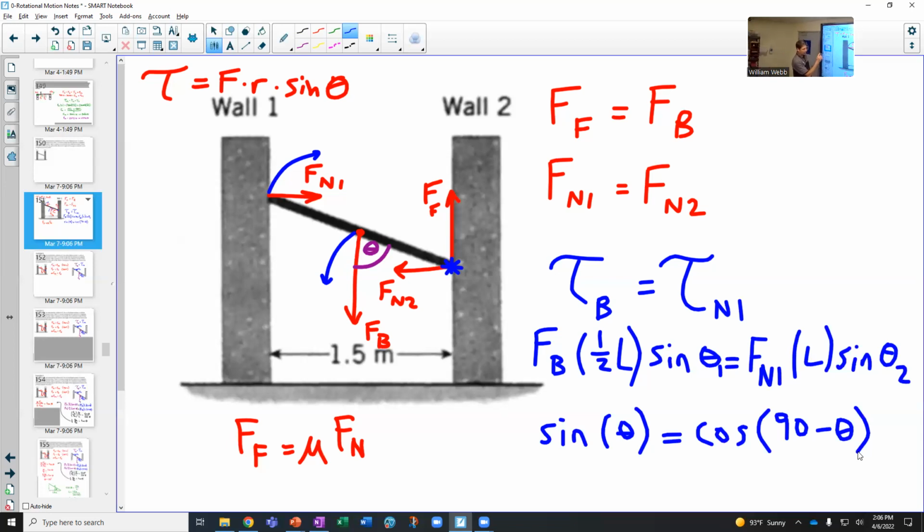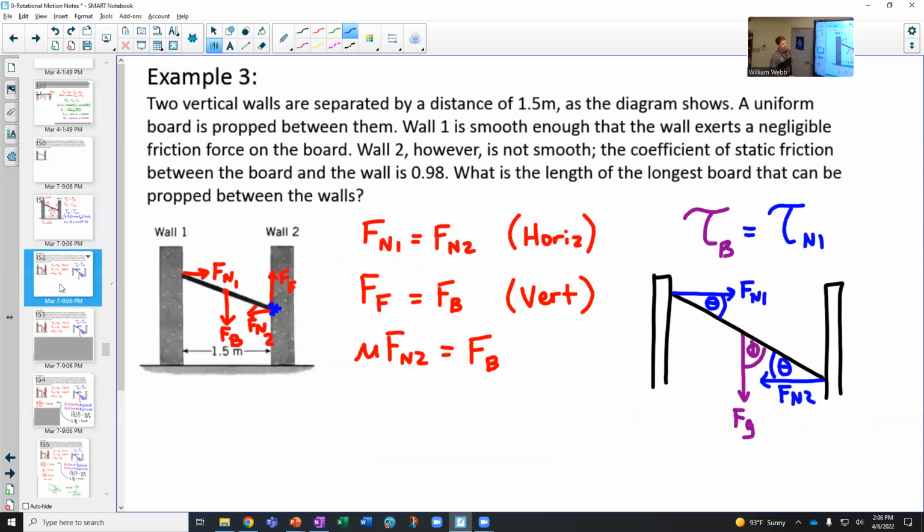On the next slide, I've cleaned all this up a bit and made it a little neater. This is sort of our workspace, but here we've trimmed it up. I just put my forces over here, and I've taken away the torque equation for a minute. If this is the normal force making this angle, do you see how this is like a Z?